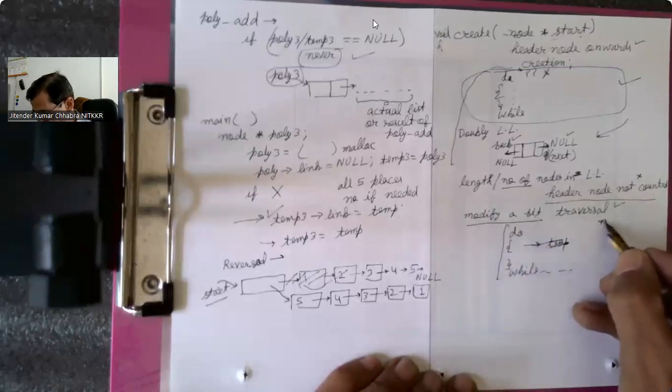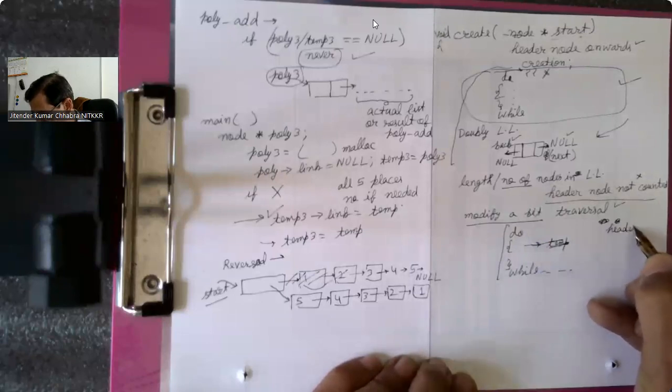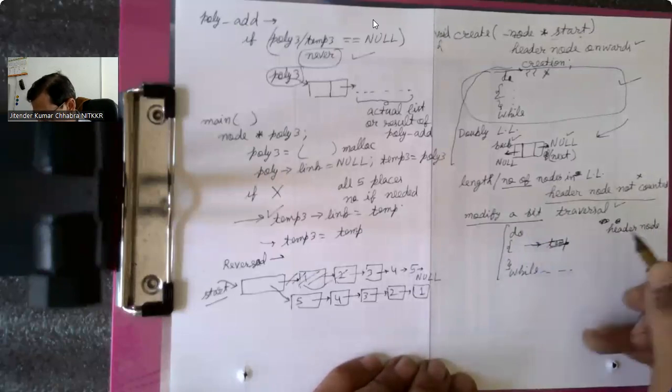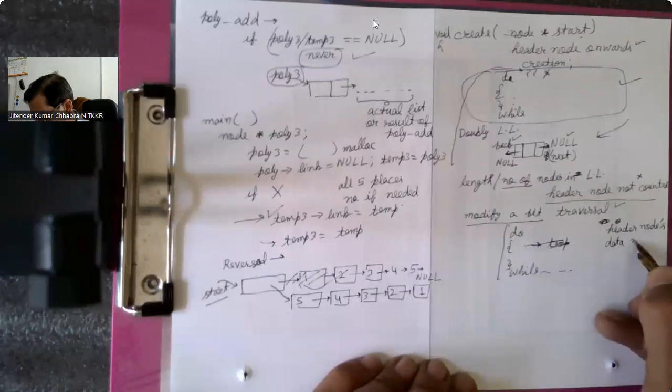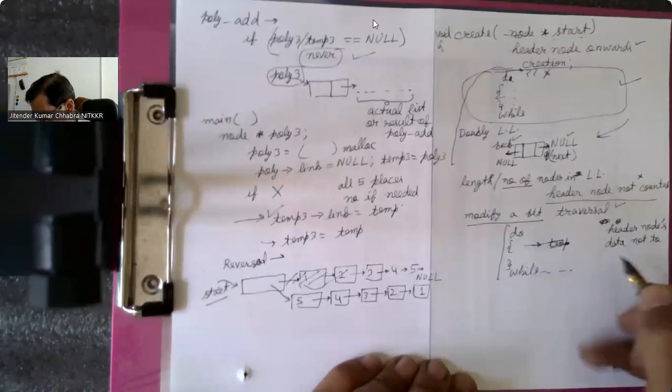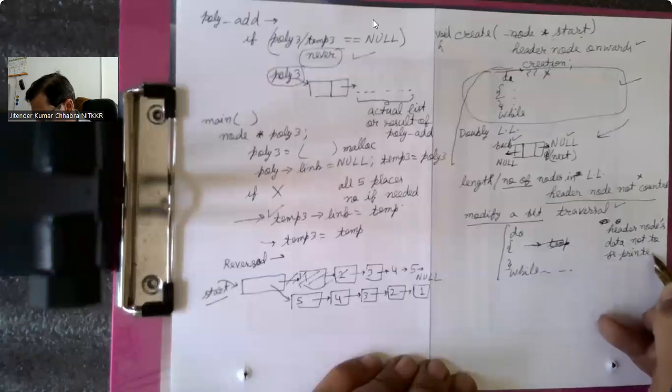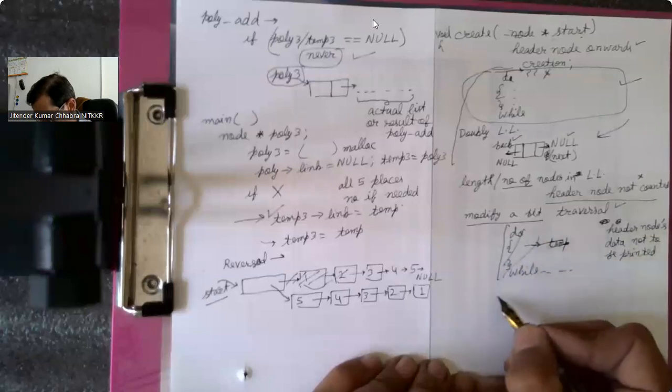Minimum, the first node is always to be skipped, or the header node is not to be printed. The header node's data is not to be printed. That you have to ensure. So whether you use a do while or a while, even a while can work.